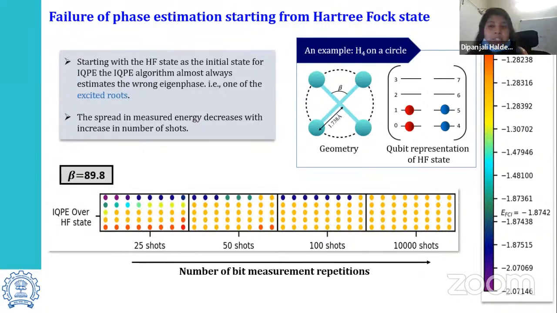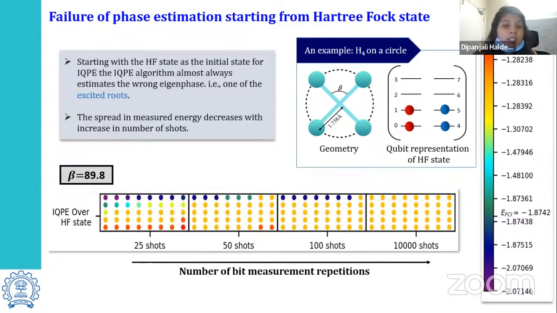As you can see in the plot, this IQPE has been done for beta equal to 89.8 degrees, which is basically a strongly correlated region due to the presence of quasi-degenerate states. Each of the blocks carries 40 dots. These 40 dots denote the 40 repetitions of the phase estimation experiment.